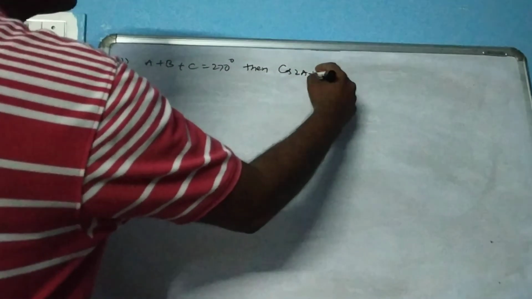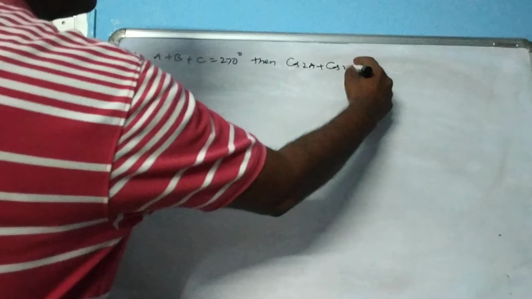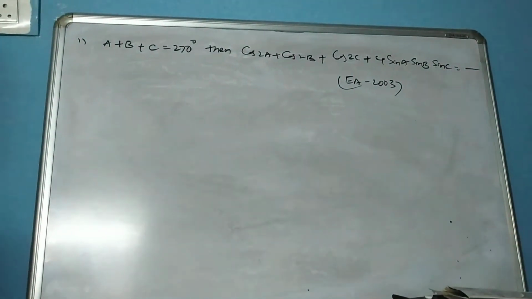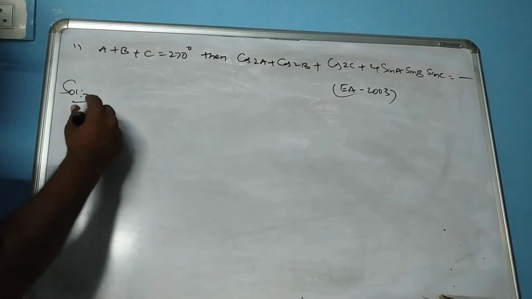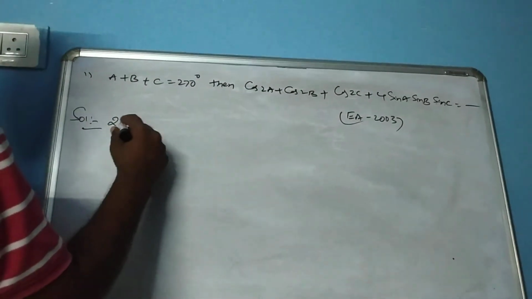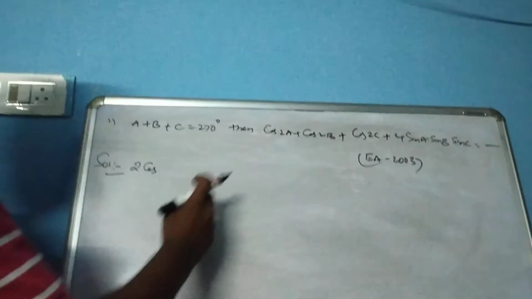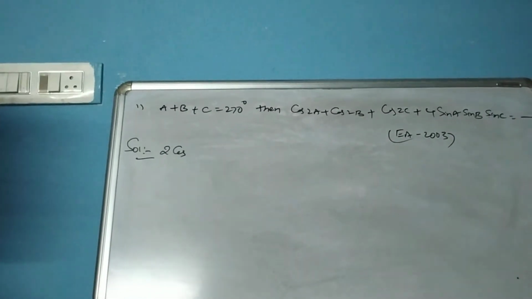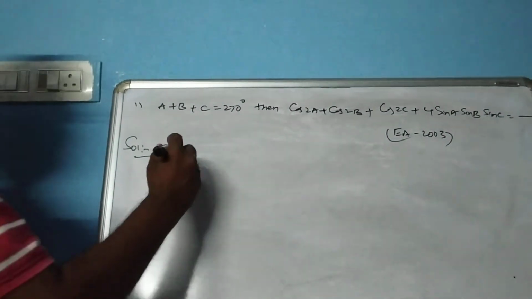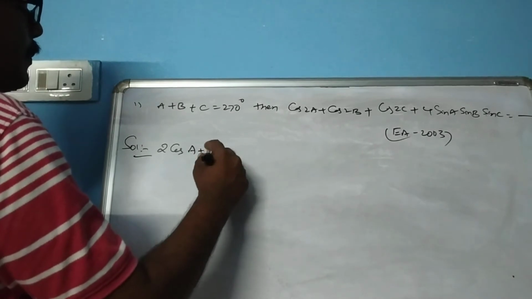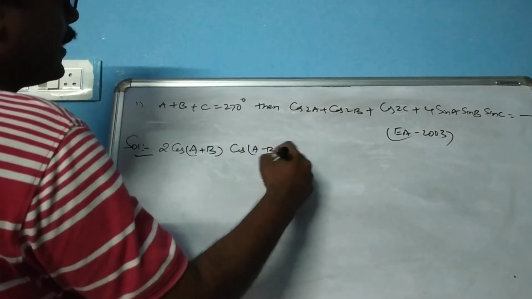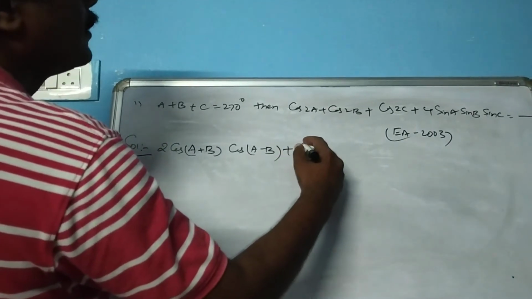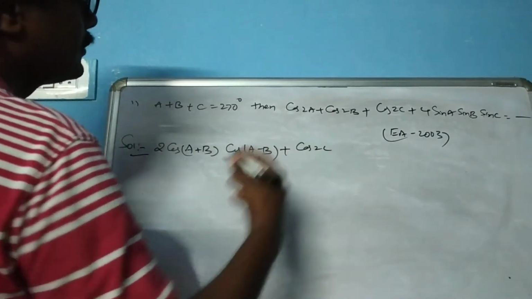Cos 2a, cos 2b. This can be written as solution. You see, cos C plus cos D is 2 cos((C plus D)/2) cos((C minus D)/2), so 2 cos(a plus b) into cos(a minus b) plus cos 2c.